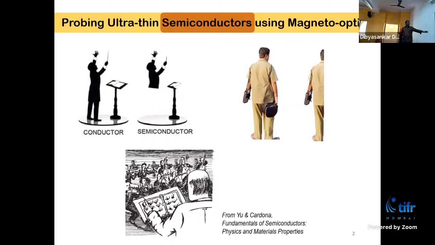After the preface, they have a figure like this, where this conductor is actually cheating on what is written there. So in that sense, he is actually a semiconductor. It was written like that. So I'm not the only one who is cracking this kind of poor jokes.